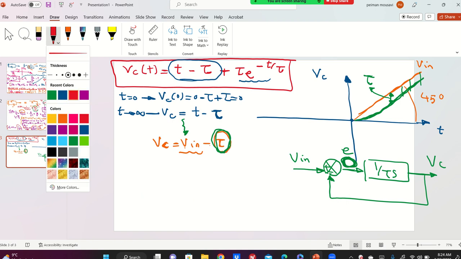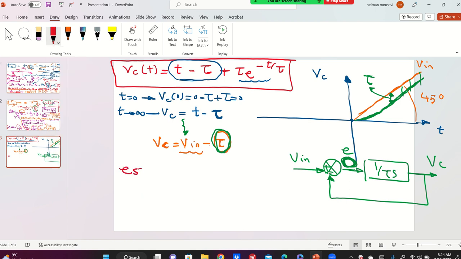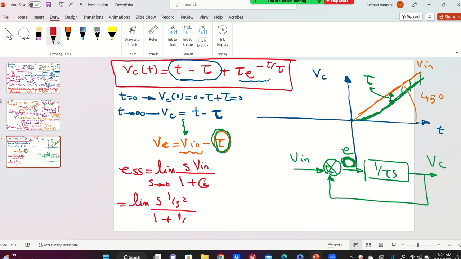E_ss is the limit of s times V in input to the system over 1 plus G, when s goes to 0, as I told you. The input is a ramp, so it's 1 over s squared, over 1 plus the open loop transfer function 1 over tau s, when s goes to 0.